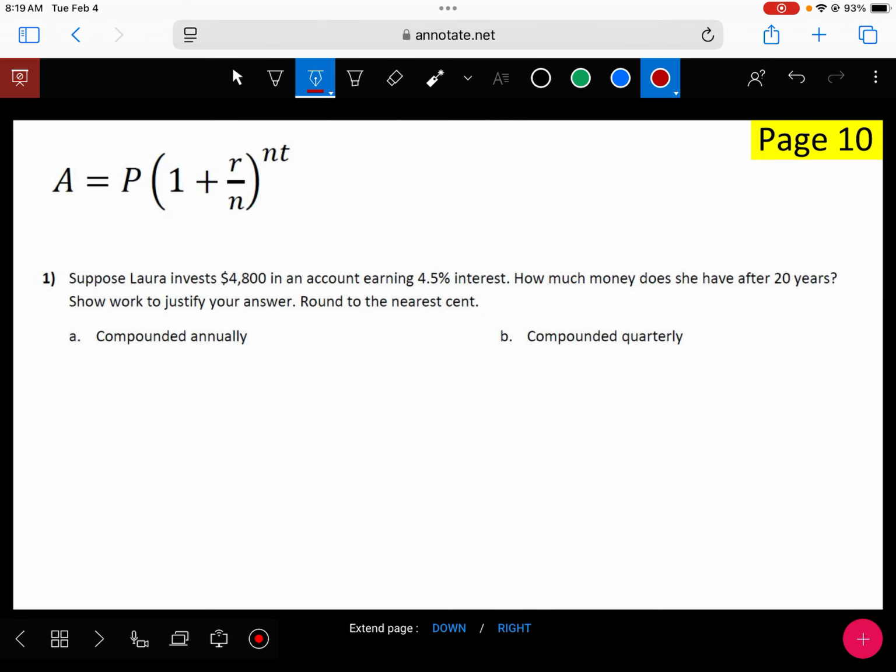Let's look at number 1. It says Laura invests $4,800. That's her starting amount. That's how much she invests. So that's P. At an interest rate of 4.5%. So R would be 4.5 divided by 100.